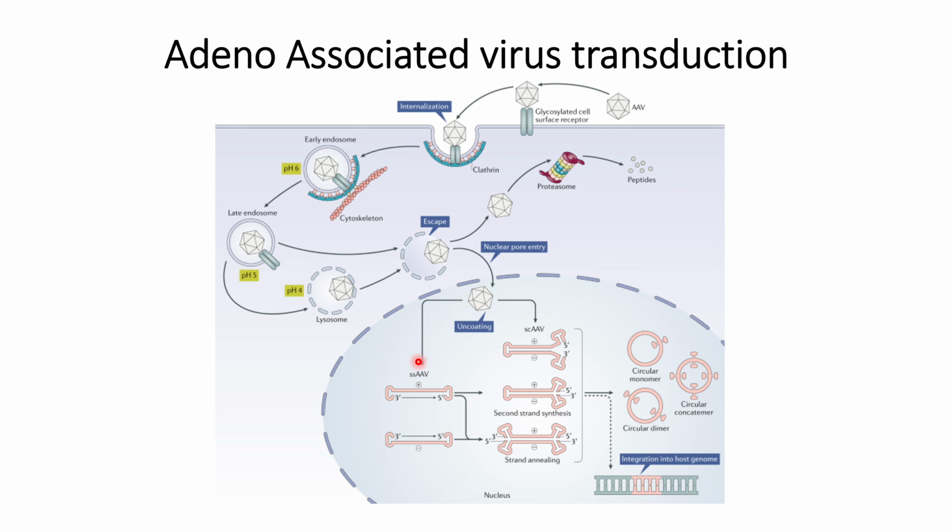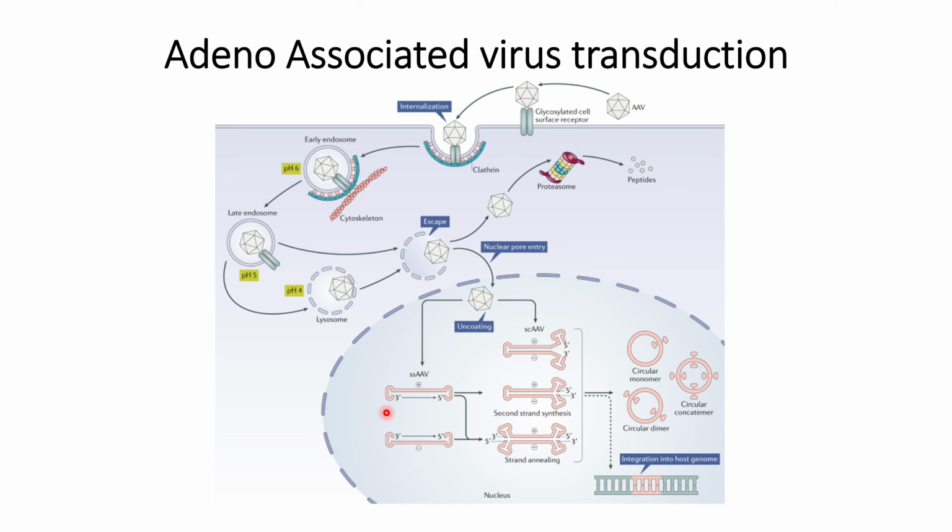Thereby it can go in this way or in this way. This depends on the kind of genetic information the adeno-associated virus contains. If it contains single-stranded DNA, it can go in this way, and since it is single-stranded, at this point it cannot be used for transcription, since it is not transcription ready.